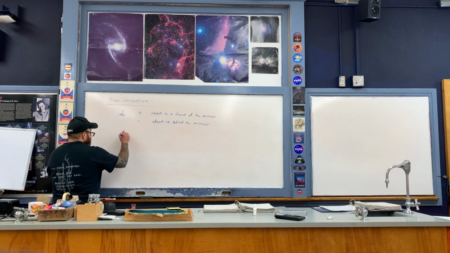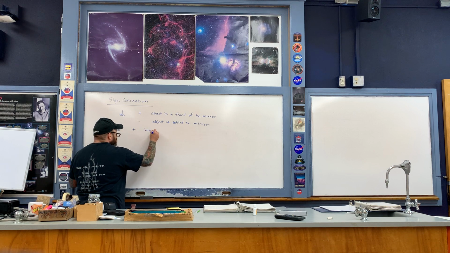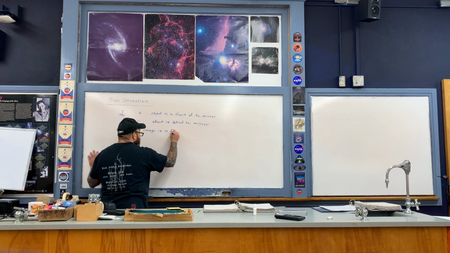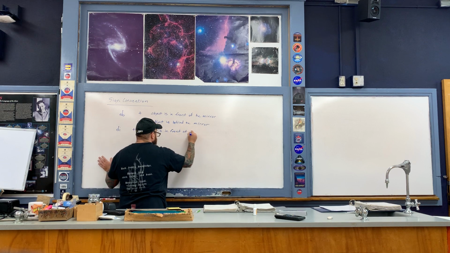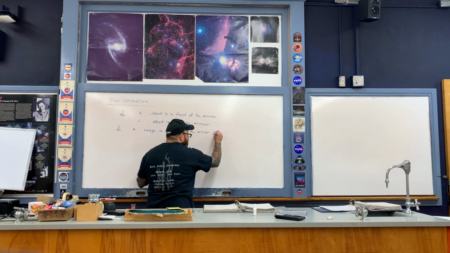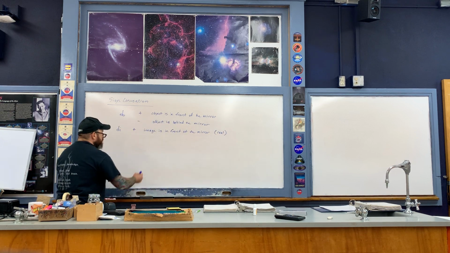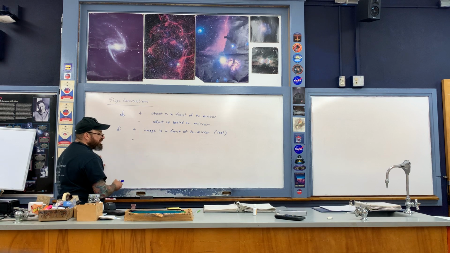Okay, and then we have the image distance, DI. It's a positive number if the image is in front of the mirror. This then means that the image is real. However, the image distance is negative if the image is behind the mirror.